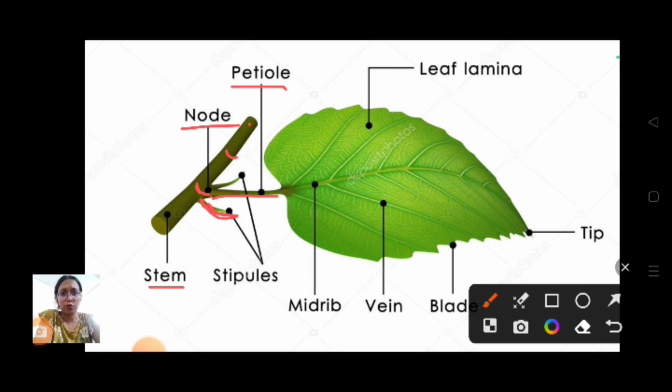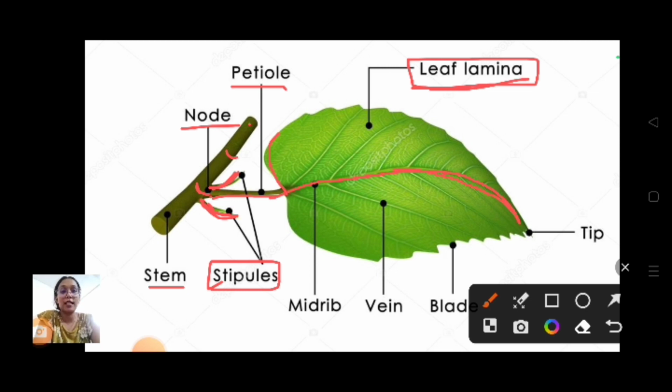Then a small leaf-like projection comes out from the base of the petiole. This is called stipules. These are thin leaf-like structures which arise at the base of the petiole. The leaf surface is called the leaf lamina, and it will have a midrib.